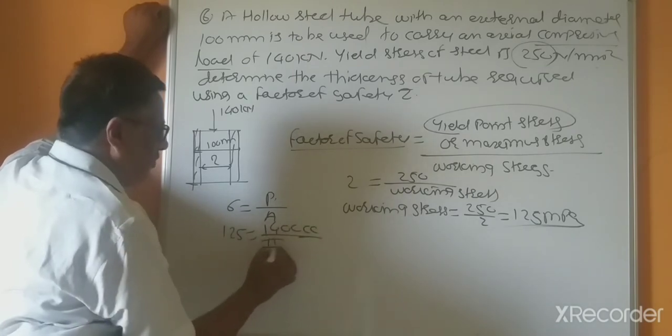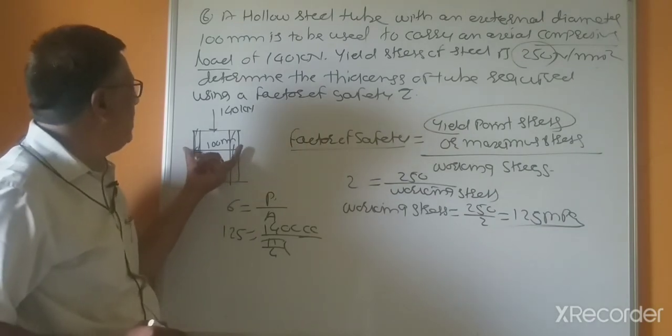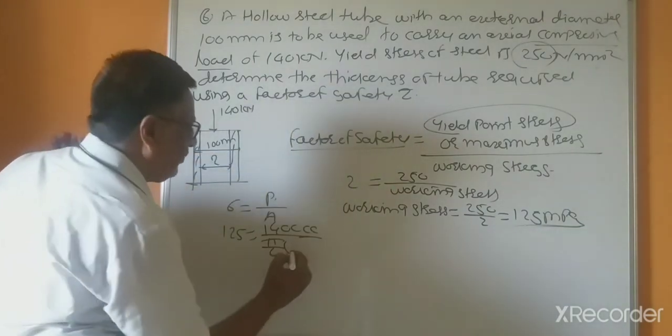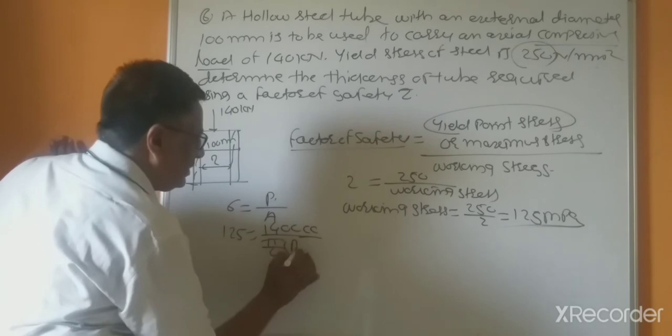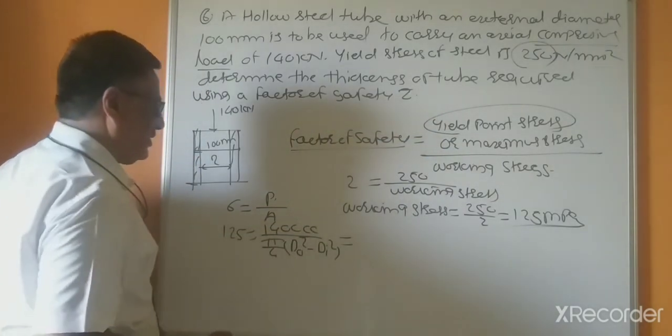The area is pi by 4 times the outer diameter of 100 mm squared minus the inner diameter squared.